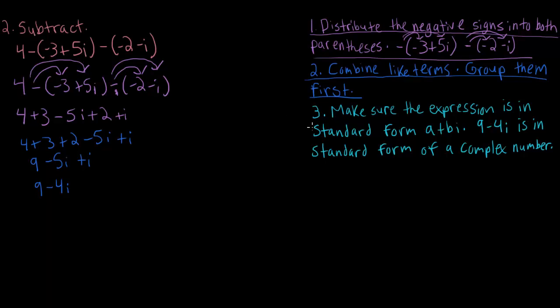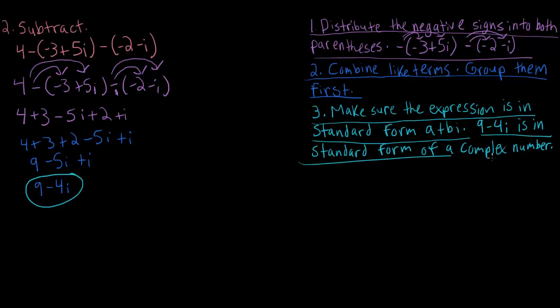Then step 3, we want to make sure the expression is in standard form a plus bi. In this case, 9 minus 4i is in standard form of a complex number, because the 9 represents the a, and then negative 4i represents the bi.